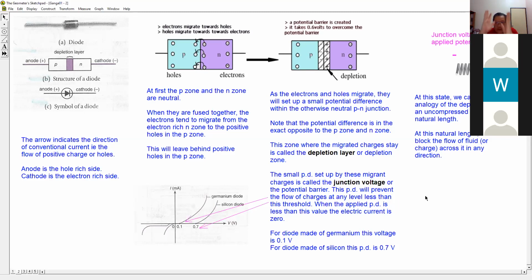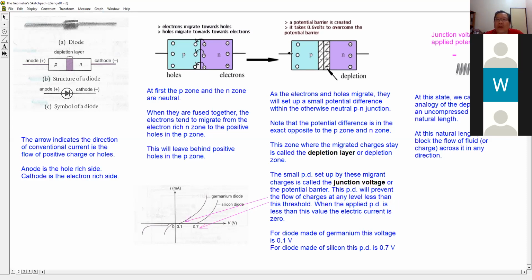Now this region, they are no longer neutral. Let's say I put a test charge. You remember the first day you learned electricity, you put a test charge there. Now if I put a positive test charge there, then the positive test charge will move from the positive side to the negative side. So it means that there is actually a potential difference within the diode itself.